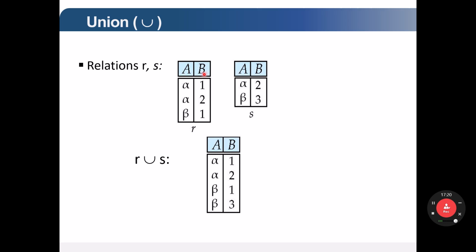So if you look at these 2 examples, we have 2 columns, and left column of this left table is A, and also on the right side we have the same attribute A. So we can apply this union operator.